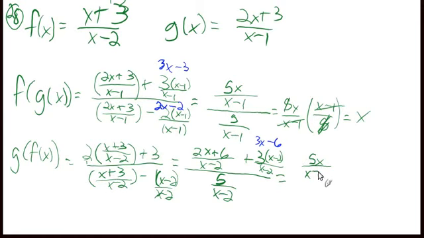That's over x minus 2. Something very similar is happening. This is 5 over x minus 2. We can see something very familiar is happening here. We got 5x over a denominator and 5 over the same denominator, and we could multiply by the reciprocal and find that everything cancels but x is left.